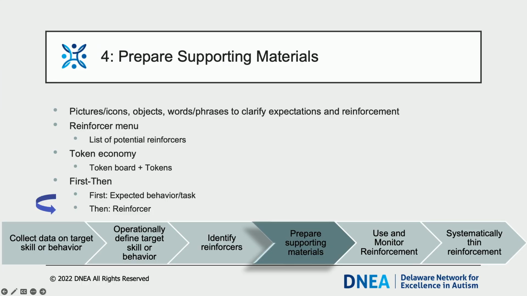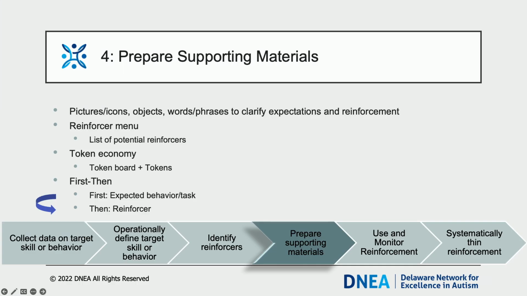Step 4 is to prepare supporting materials. Supporting materials, in addition to the reinforcers themselves, can help clarify expectations and reinforcement contingencies. Different types of supporting materials can be used depending on the student and the reinforcement system.